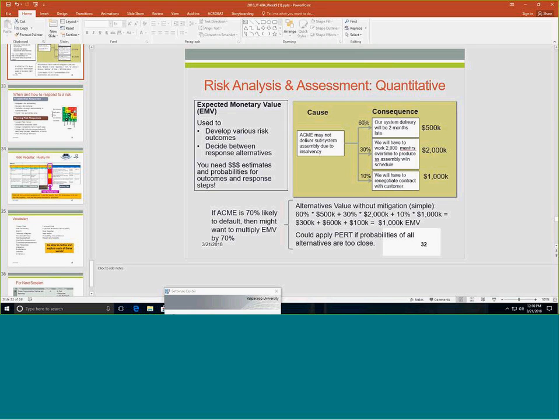You assign probabilities to the various consequences. The probabilities will always add up to 100%. And you figure out what the alternative value would be without mitigation of these alternatives.